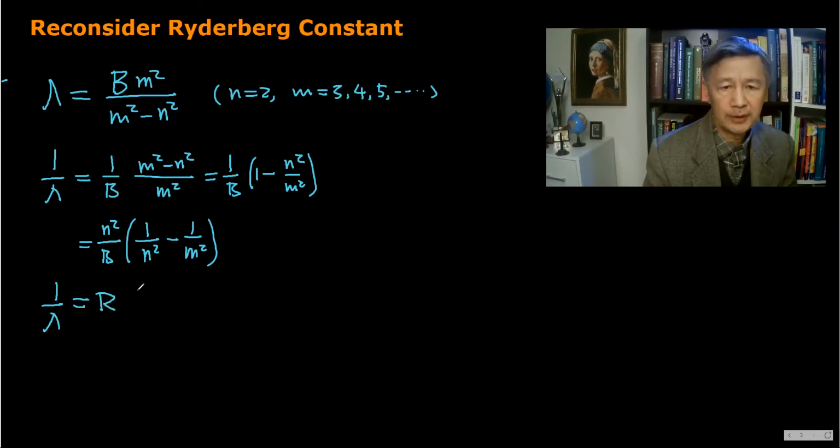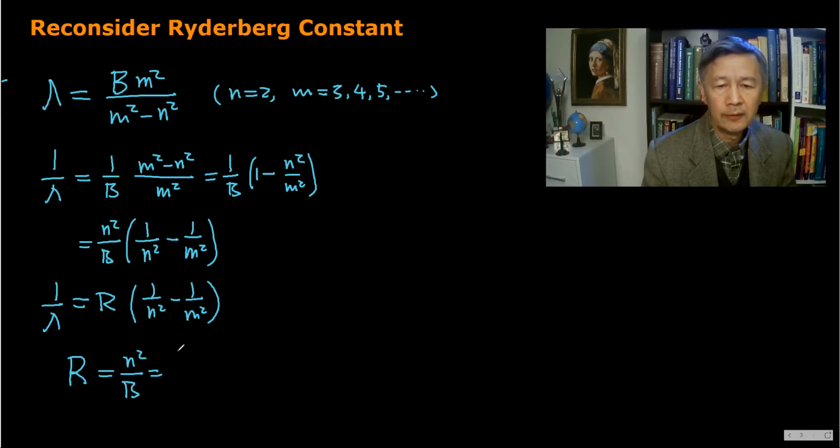R is the Rydberg constant, times 1 over n squared minus 1 over m squared. Obviously, the Rydberg constant is equal to n squared over B, or 4 over B, because n is constant, 2.